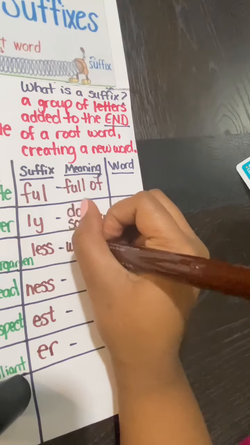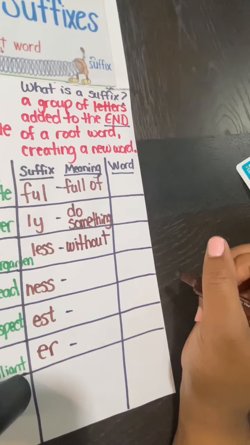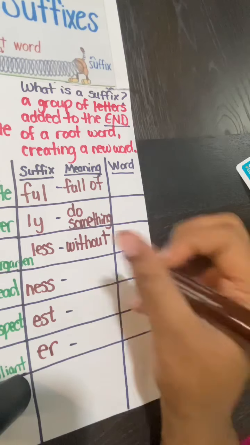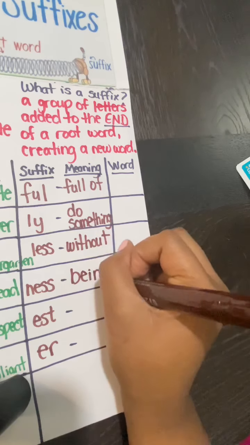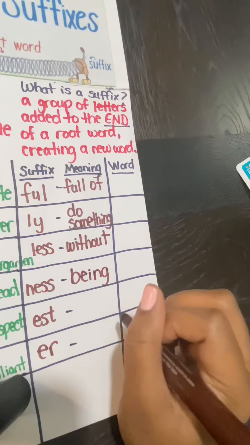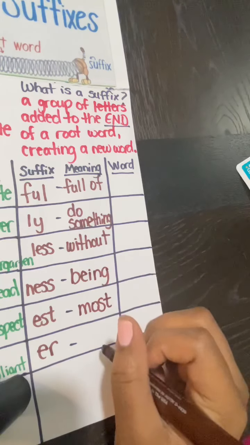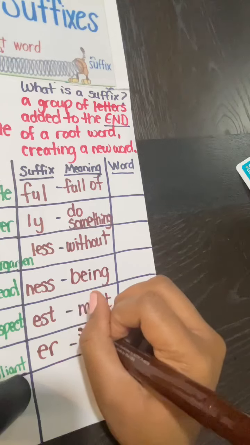Good, without. What about ness? Great job. That means being. Est means most. Er means someone who or more.